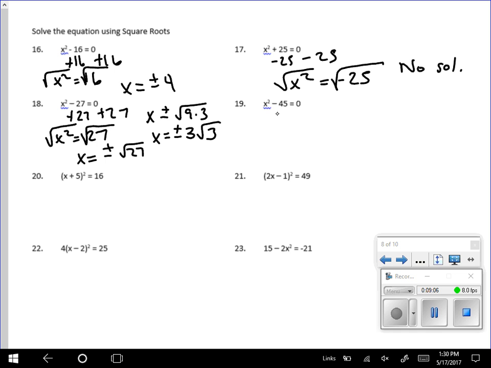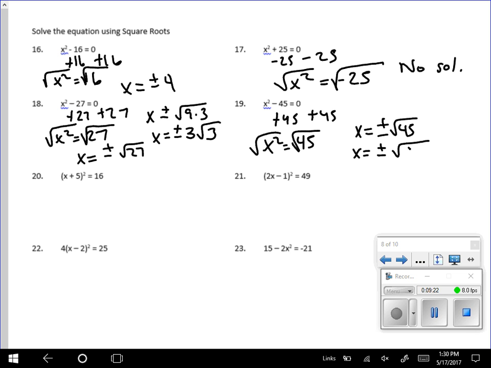All right, add 45 to both sides. x squared equals 45. Take the square root. So x equals plus or minus square root of 45. Simplify this. Plus or minus square root of 9 times 5. So 3 times the square root of 5.